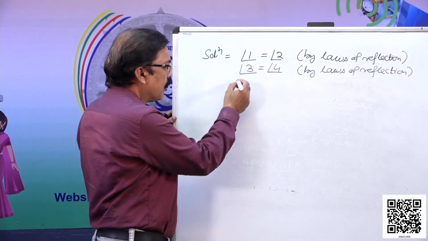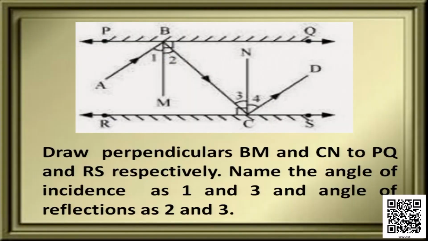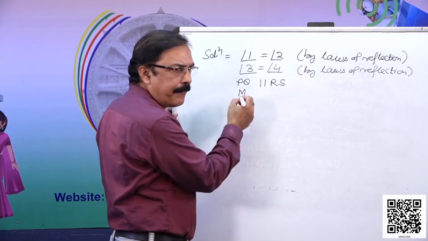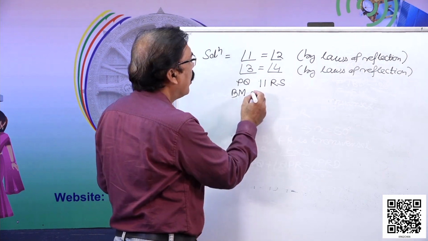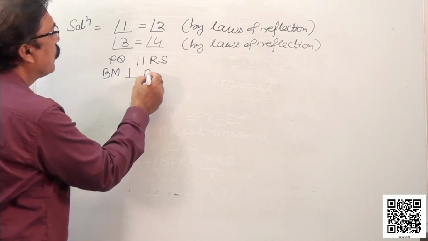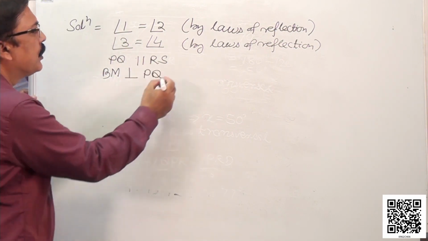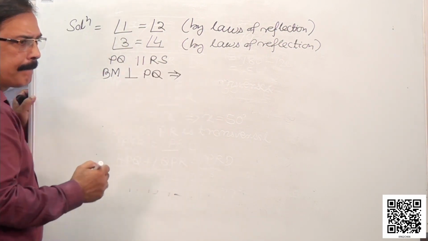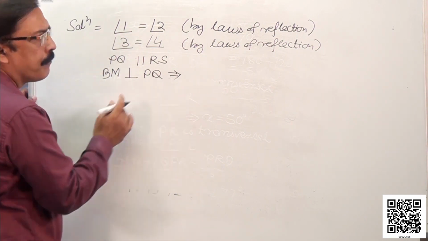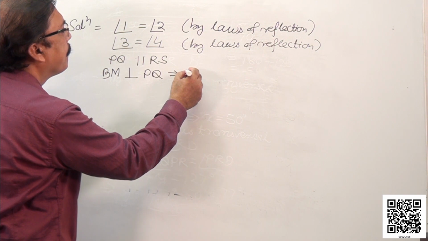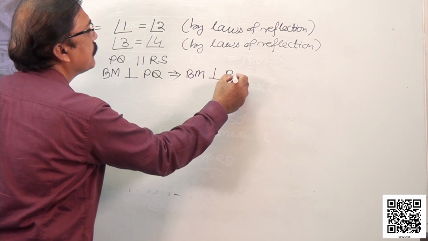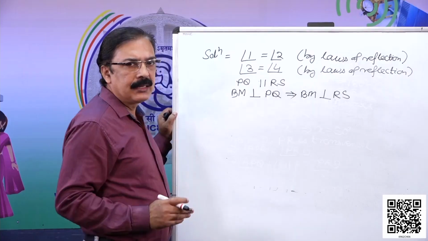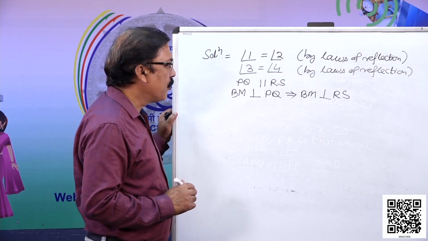Now you see PQ is parallel to RS and BM is perpendicular to PQ. This implies BM is also perpendicular to RS. If we extend it, then it will also be perpendicular to RS.